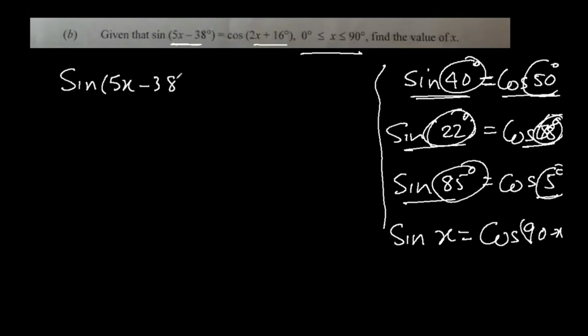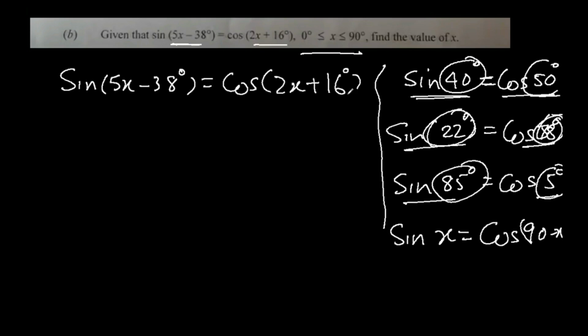So we can say that sine x is always equal to cos 90 minus x, right? And that's the fact we will use here. Our original question is sine 5x minus 38 degrees equal to cos 2x plus 16 degrees, right?